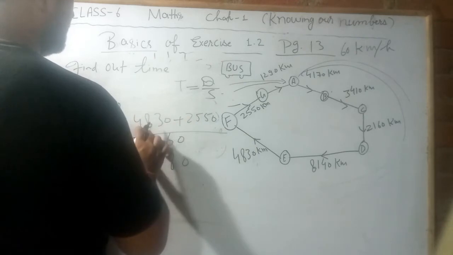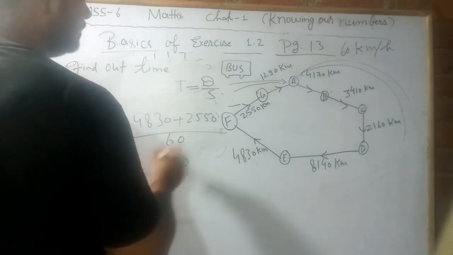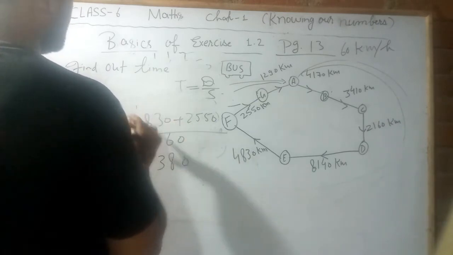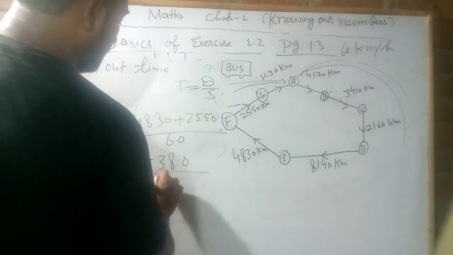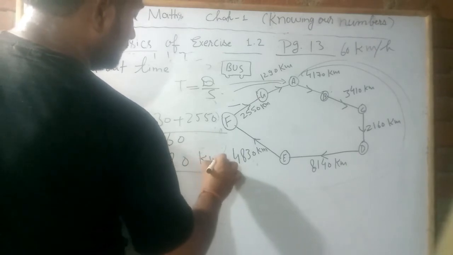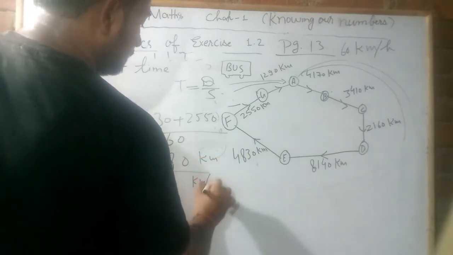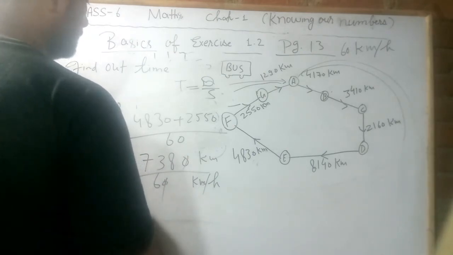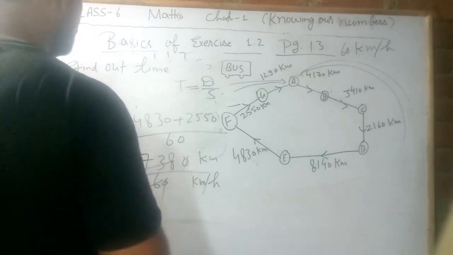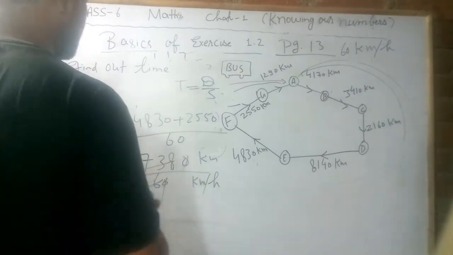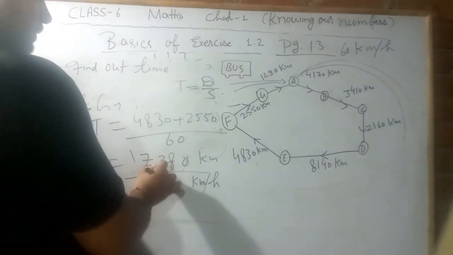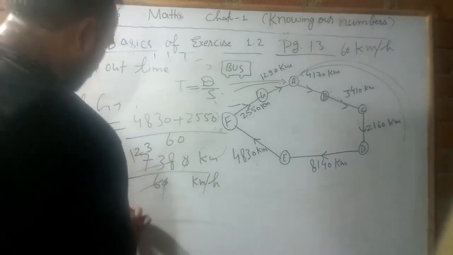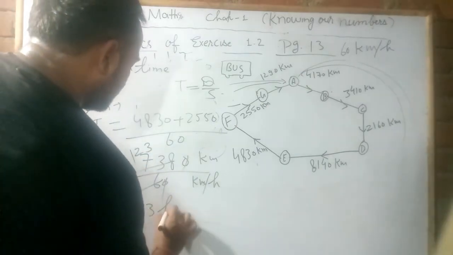And 5 plus 8, 13. Now 1 is carry. Now 4 plus 2, 6, 6 and 1, 7. Divided by 60, kilometer and kilometer per hour. 0 will cancel by 0. Now 6 1s are 6. Now 1 is left. So 6 2s are 12 and 6 3s are 18. So 123 hours.